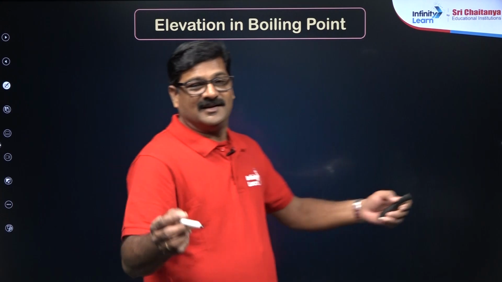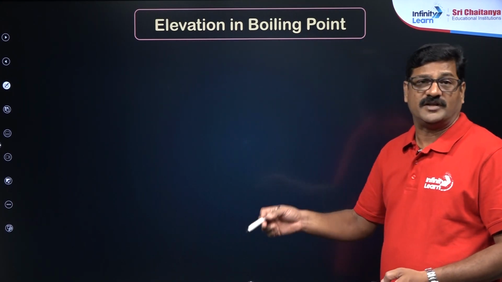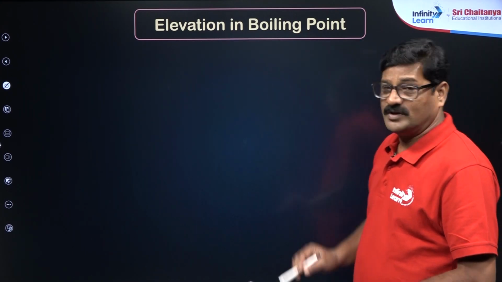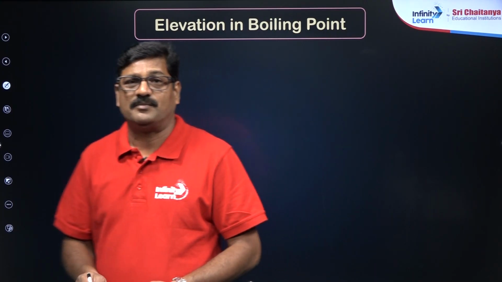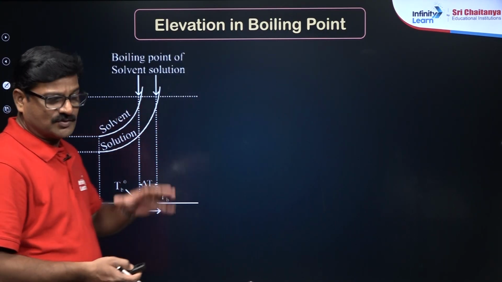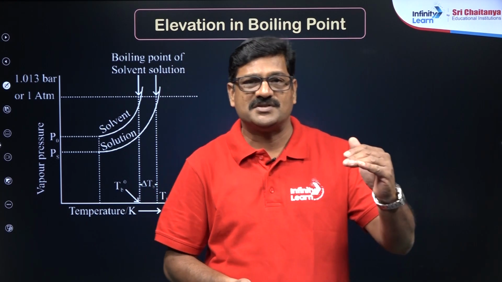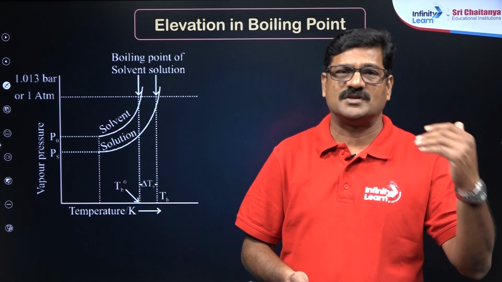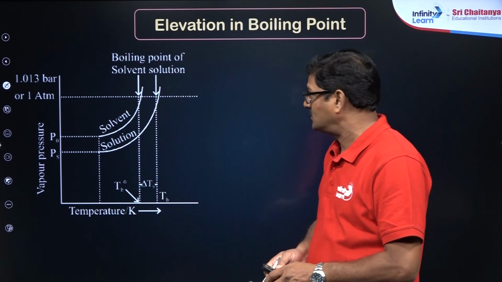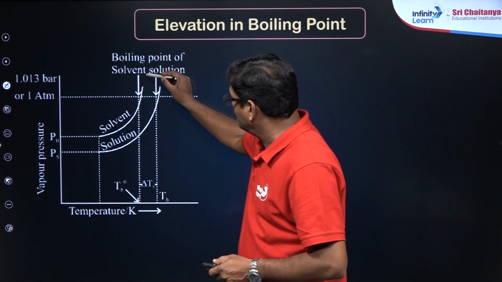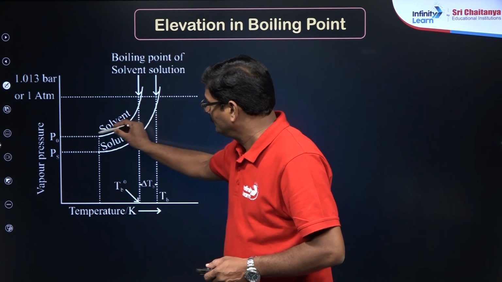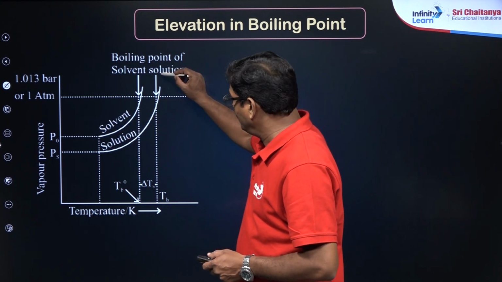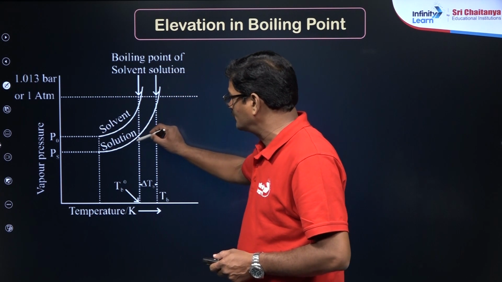Moving ahead, depression in freezing point and elevation in boiling point. In the elevation in boiling point, the boiling point of the solution is the temperature at which the vapor pressure of the solution is equal to the atmospheric pressure. Let us say this is the boiling point of the solvent and this is the vapor pressure curve for the solution.